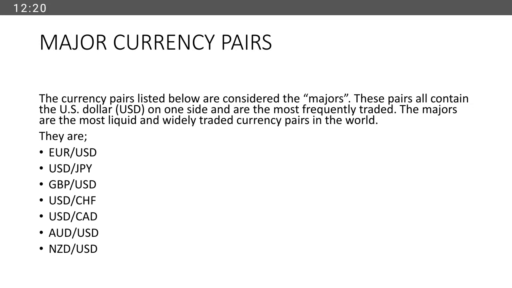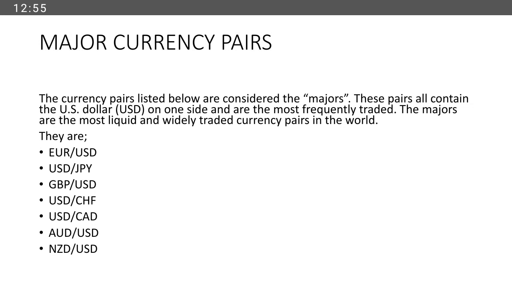Because you know the number one economy in the world is the United States. So when everybody wants to trade in their currency, any pair you see: euro/dollar, dollar/yen, pound/dollar, dollar/Swiss franc, dollar/CAD, Australian dollar/US dollar, New Zealand dollar/US dollar.